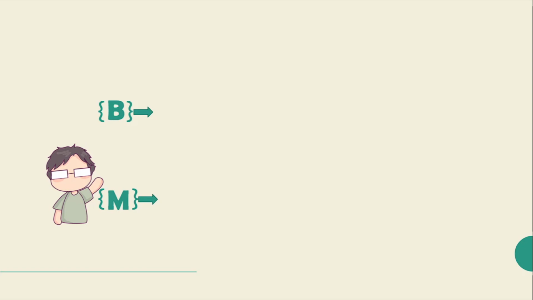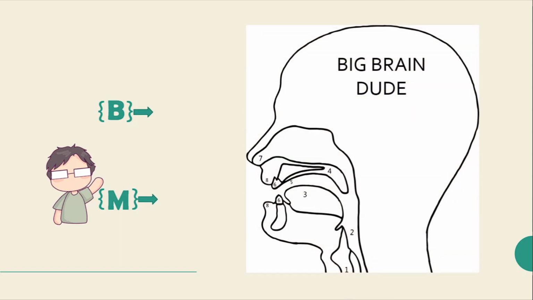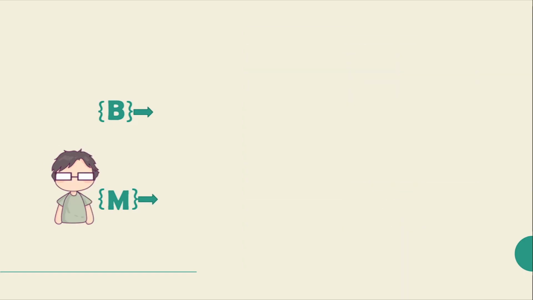M, M, M. And now you sound very strange. That's because in producing M, the air goes through the nasal cavity, but when we're producing B, the air goes through the oral cavity. Since the M is produced by the air going through the nasal cavity, we call it a nasal sound.